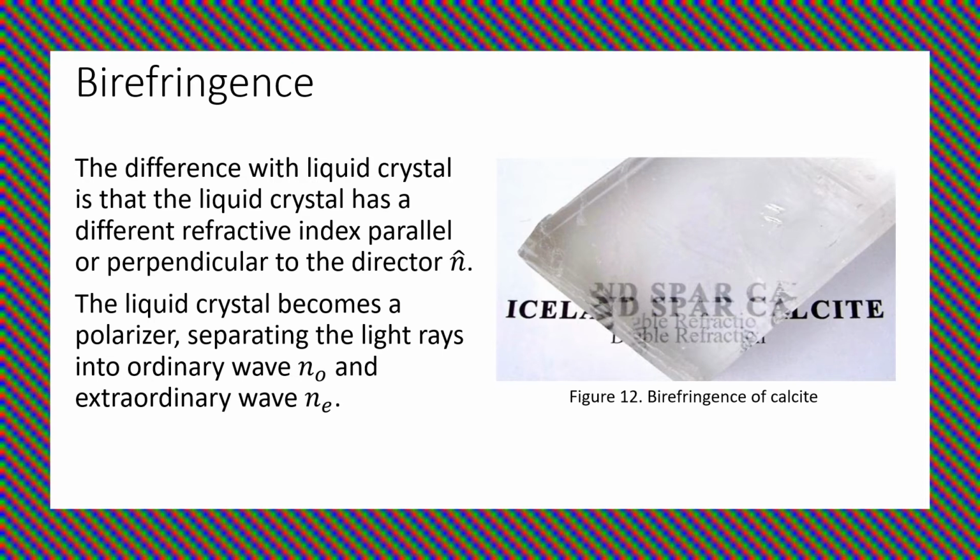Now, because the light has two different velocities, this actually acts like a polarizer. One light is slower, and one light is faster. These are called the ordinary wave and the extraordinary wave, which have the refractive indices n_o and n_e.